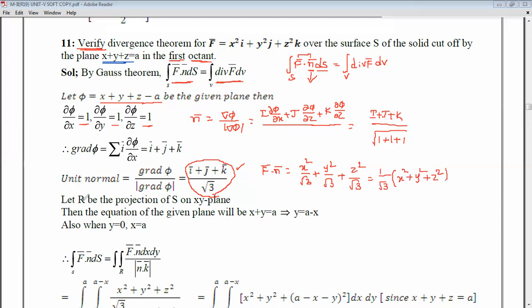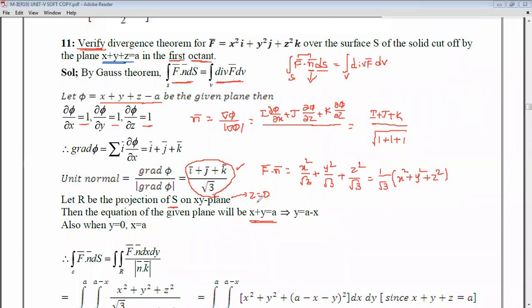Next we take the projection of the surface. Let R be the projection of this surface on the xy plane. In the xy plane, z is equal to 0. Then the given plane becomes x plus y is equal to a, since z is equal to 0.